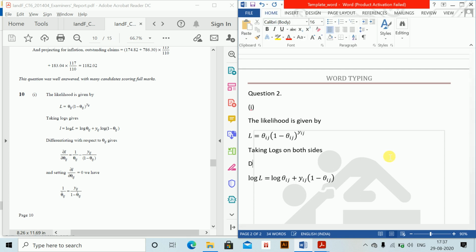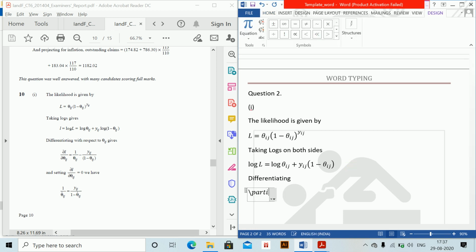Okay, differentiating, we get \partial log L divided by \partial \theta_ij is equals to 1 by \theta_ij minus y_ij divided by 1 minus \theta_ij. So this is there.